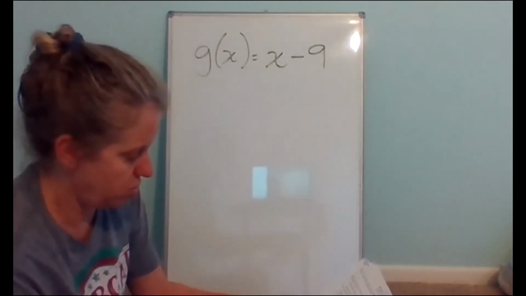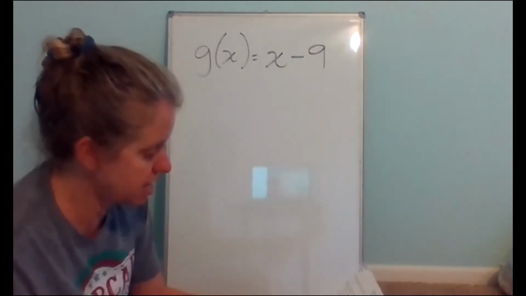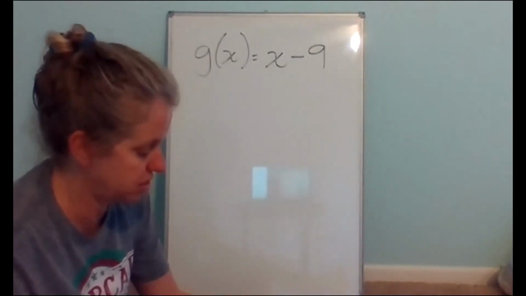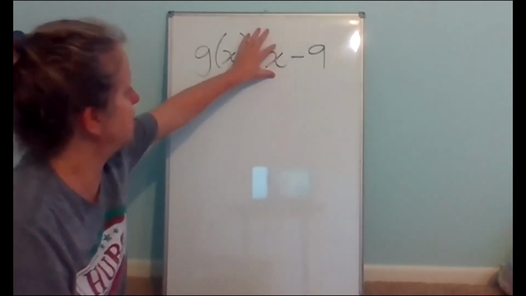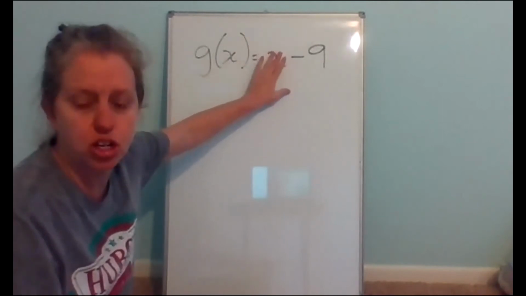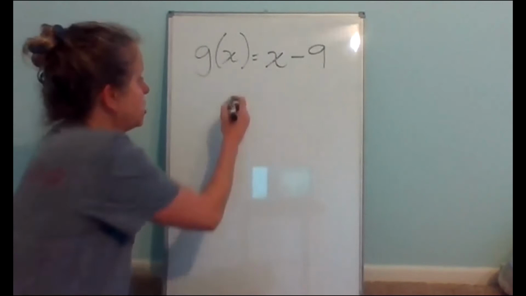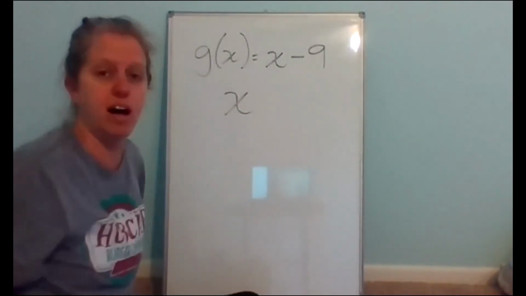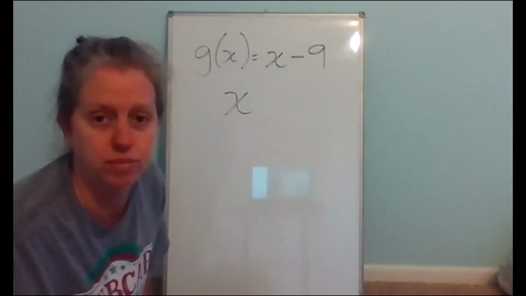Okay, so it says describe how the graph of g of x equals x minus 9 can be obtained from one of the basic graphs. So it wants to know, first of all, what is the basic graph? This x is not being squared or cubed or square root or absolute value or anything. So you're actually just starting off with the graph of x, which is just going to be a line, or linear.